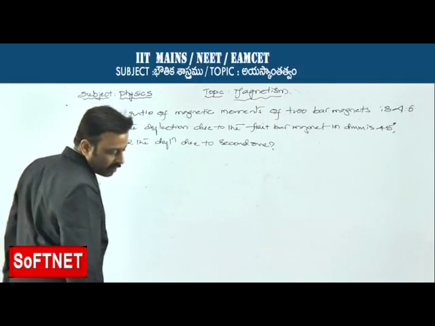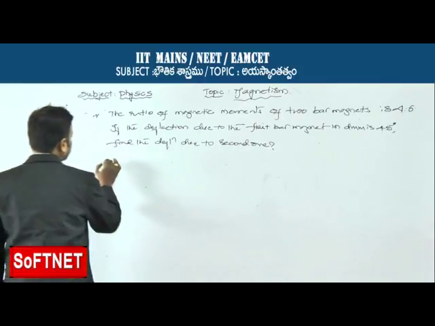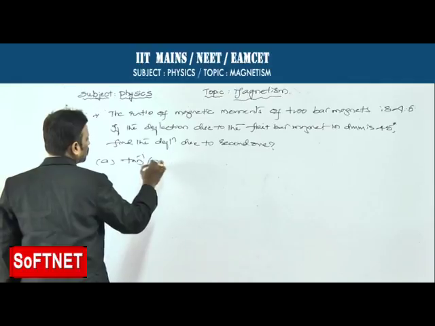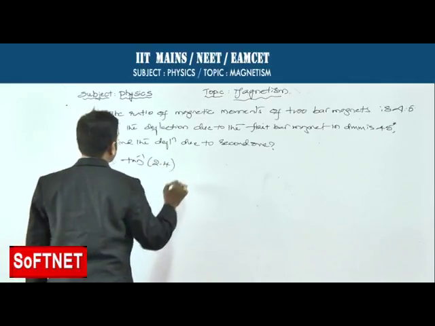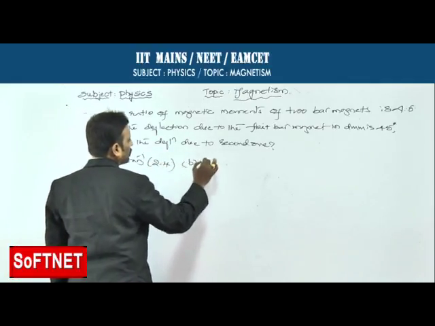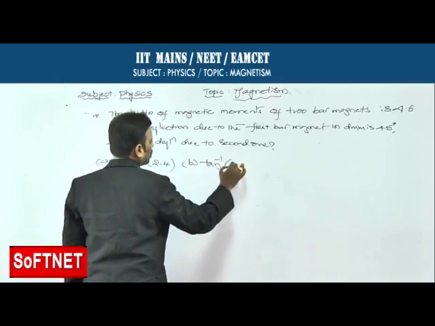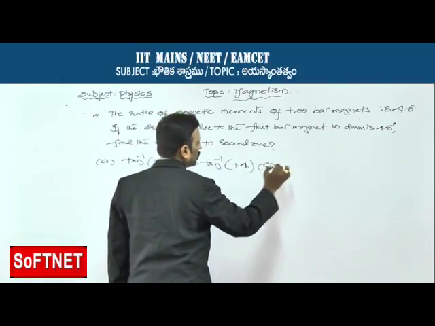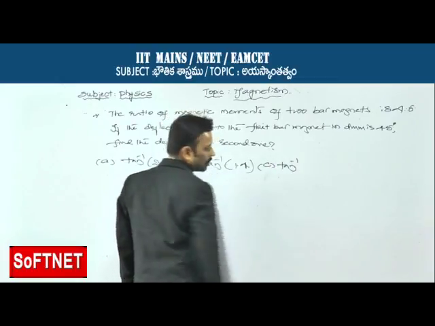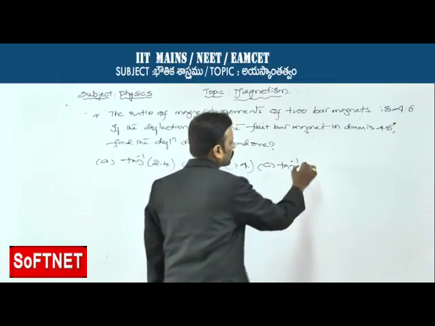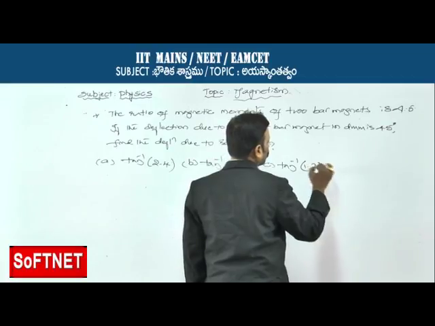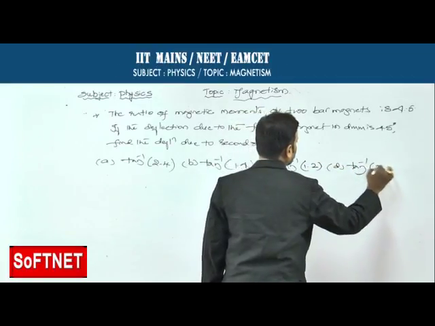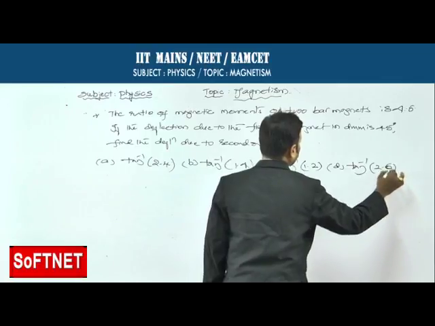The given options are A, tan inverse 2.4, B, tan inverse 1.4, C, tan inverse 1.2, D, tan inverse 2.6.